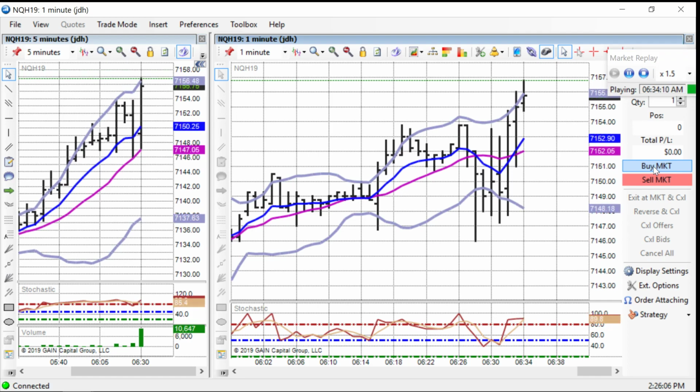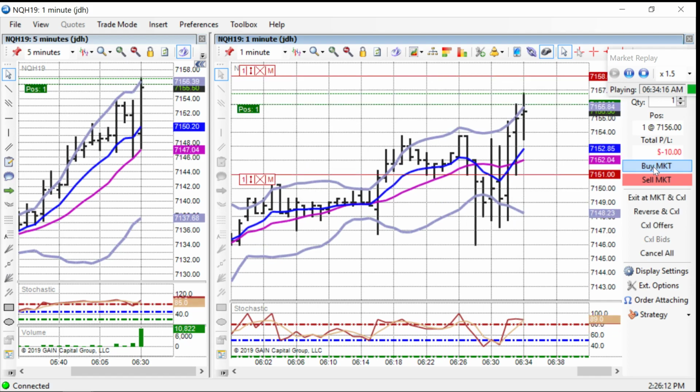So let's let it come down a little bit. Even though the trade entry was at the top of the Bollinger Band, that's right after the crossover occurred, so that's usually a good bet at the beginning of a new trend.